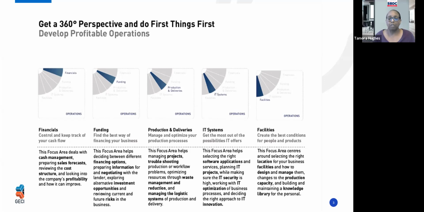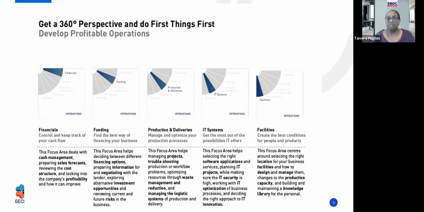So this talks about the best way to finance your business. This area helps you to decide which financing option you will use, assists you in thinking about how to prepare your information and negotiating with the lender, also how to explore alternative investment opportunities, and to review those current risks and future risks that may come forth.